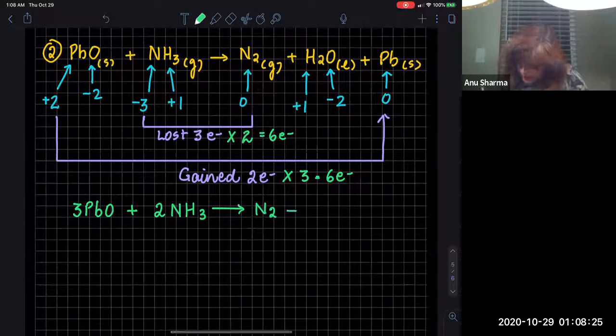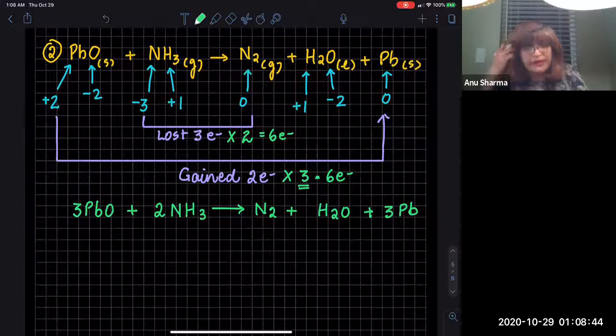Then we just leave the water for now, and then we are going to add 3 to the lead also. So this 3 applies to lead on both sides, and the 2 applies to nitrogen on the left-hand side because it balances the nitrogen. Basically, in the end, it's all balanced.